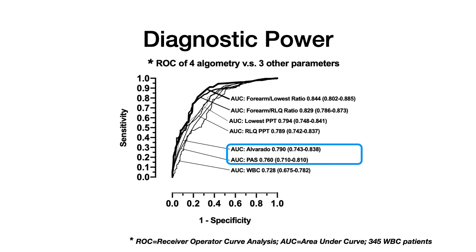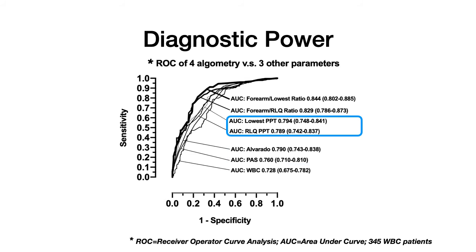low. Next, from our study, we calculated the 2 diagnostic scores, the Alvarado and the pediatric appendicitis scores. These 2 are the most common in the literature, and they provided the next higher level of diagnostic power. Above that were the lowest quadrant thresholds and the right lower quadrant thresholds.